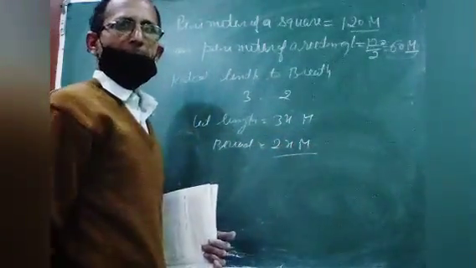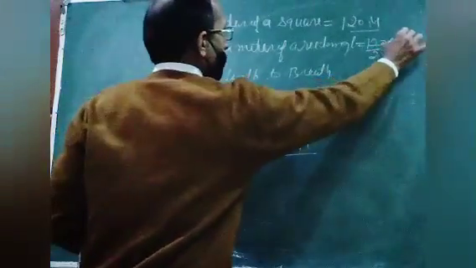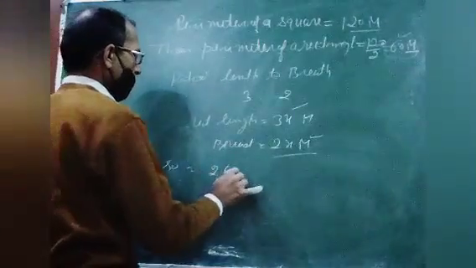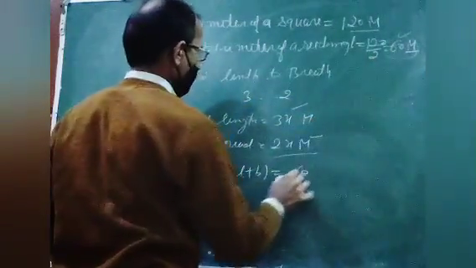So now the perimeter is 60 meter. Therefore, 2 into length plus breadth will be equal to 60 meter.